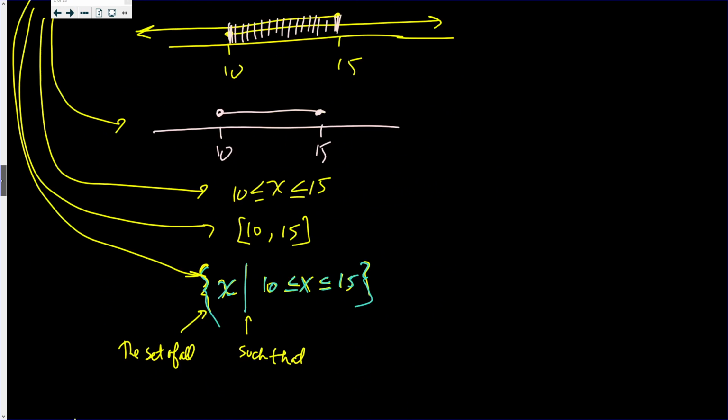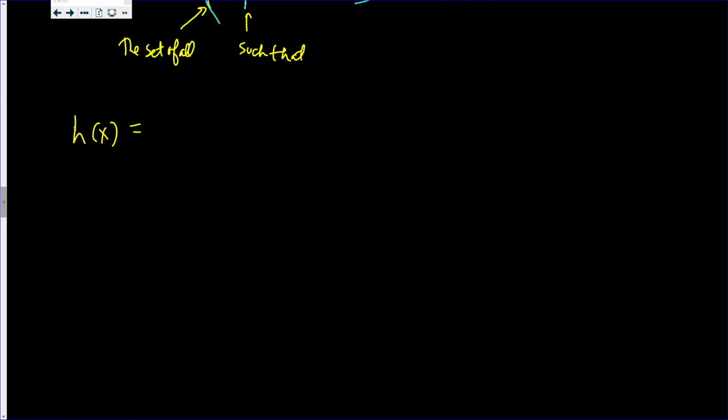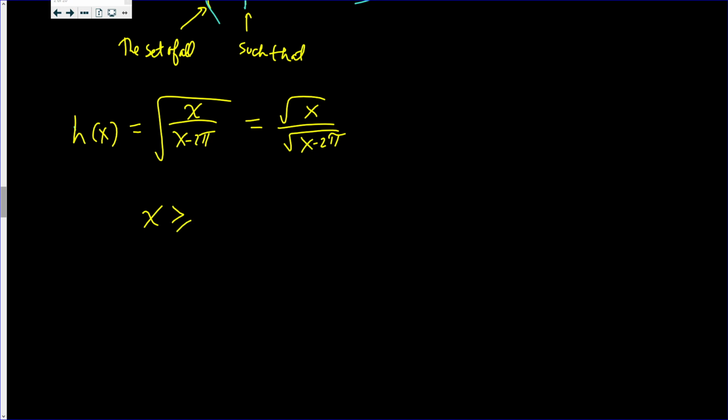Okay, so let us do this problem. You have x over x minus 2 pi, all under a radical. Well, now remember, this is the square root of x divided by the square root of x minus 2 pi. So what's under the first radical, the top one, has to be at least 0.